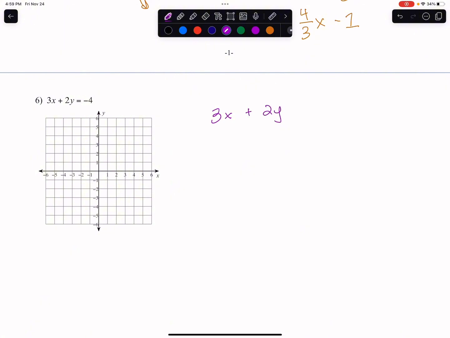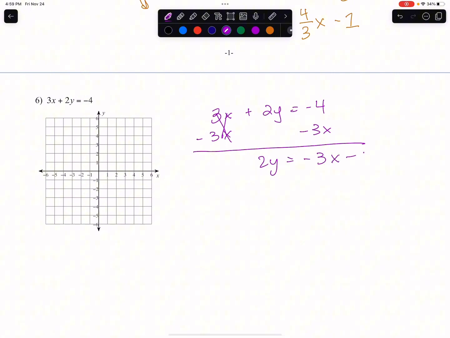Let's graph this one. I have to subtract 3x from both sides. I'm left with 2y equals negative 3x minus 4. And then again, I have to divide everything by 2. And I'm left with y is equal to, can 3 over 2 be reduced? No. Negative 3 over 2 x.